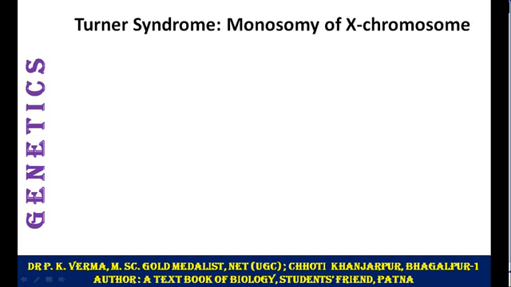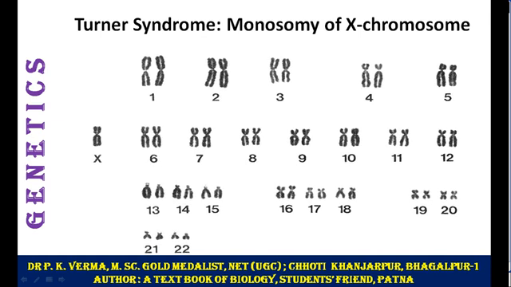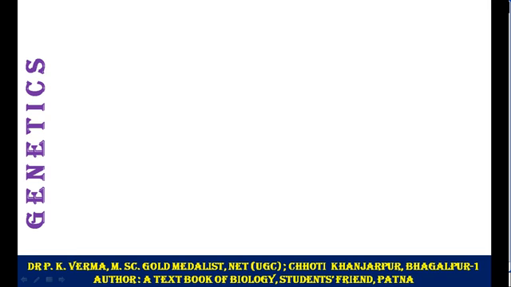Now see the Turner syndrome, that is monosomy of X chromosome. It is the karyotype of a female having a single X chromosome. Another X is absent, so she has 45 chromosomes in place of 46 chromosomes. She is severely affected.